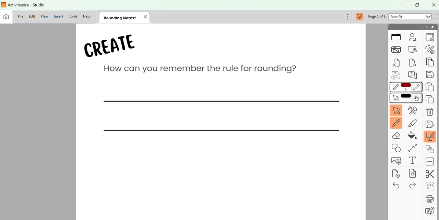This says, how can you remember the rule for rounding? Well, in our classes in previous years, we've had a lot of kids tell us this, so you're going to have to tell us if there's something different.